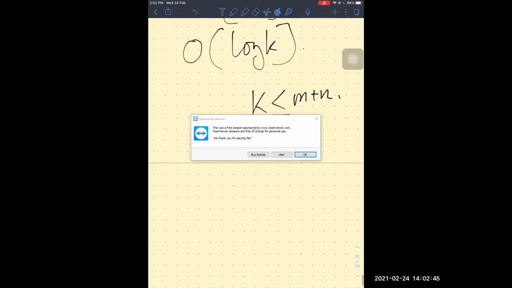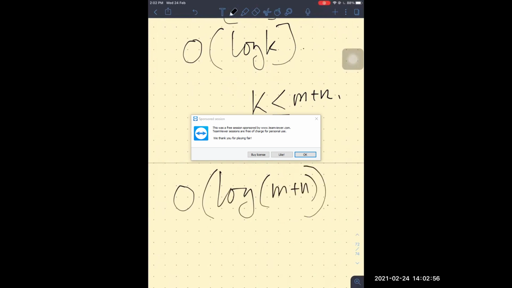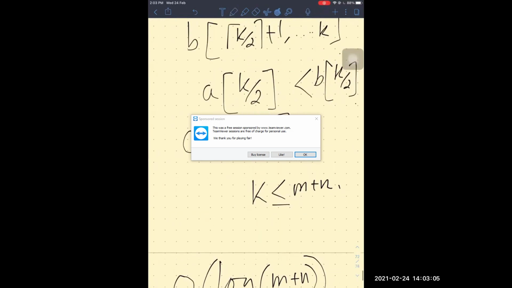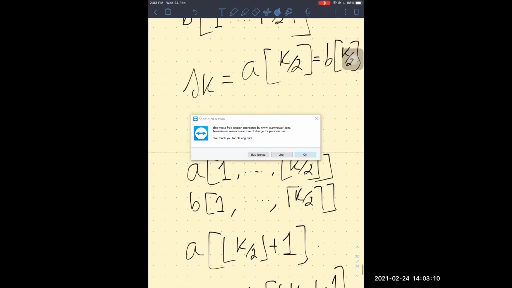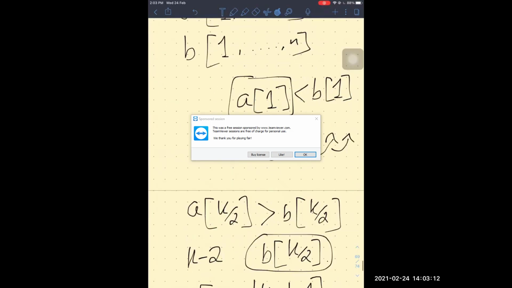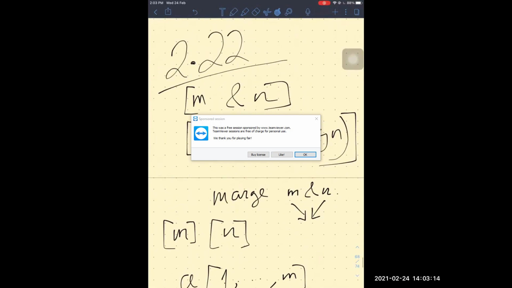Then we can replace this here, and we will get the runtime of this algorithm to be big O of log m plus n. So it satisfies our constraint. And this will be our algorithm, which will solve this problem within big O of log m plus log n time. Any question, guys?